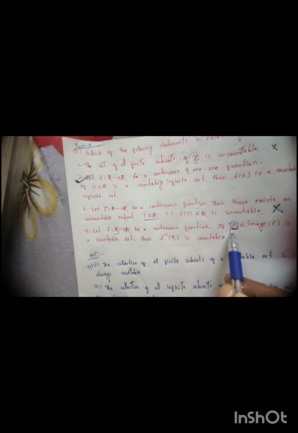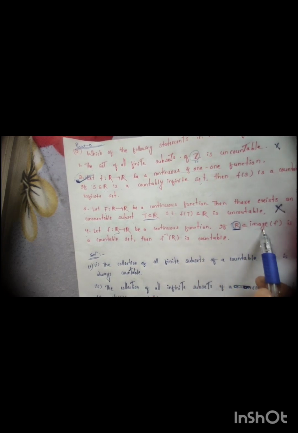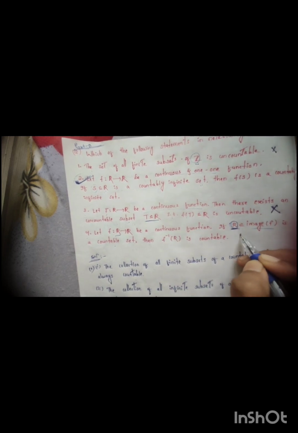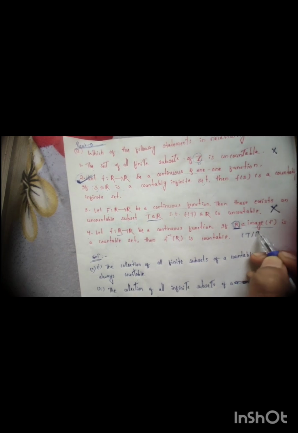R can be any subset of the image of f which is countable. If R is countable, then f inverse of R is countable, she is saying. So we have to prove whether this is true or false. Okay, so let's see what will happen.